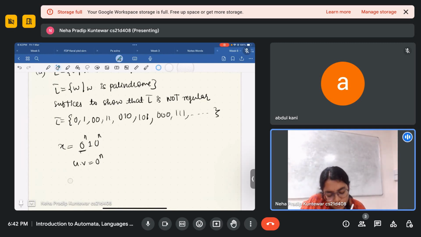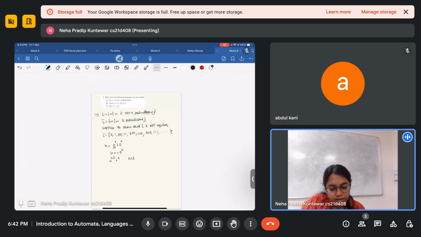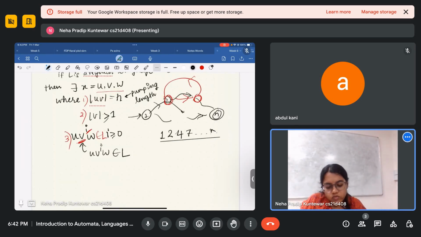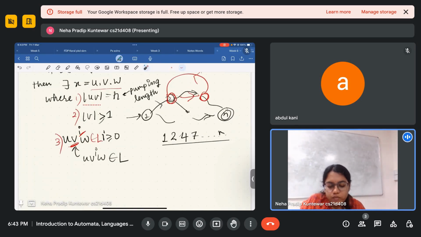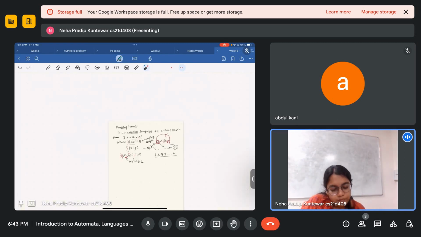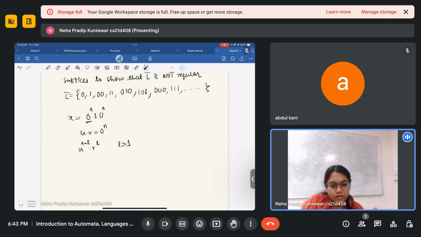Now, u may be some n minus l length string and v may be some l length string, where l is greater than or equal to 1, because that is the second condition we had here. The first condition was that uv has to be of length at most n and v has to be at least of length 1.